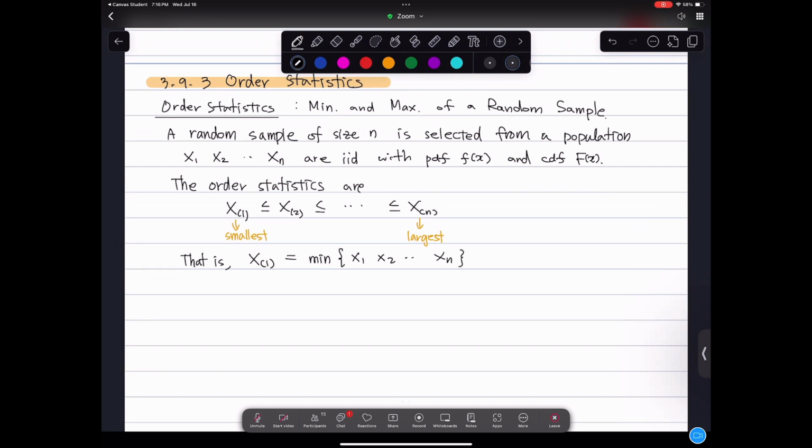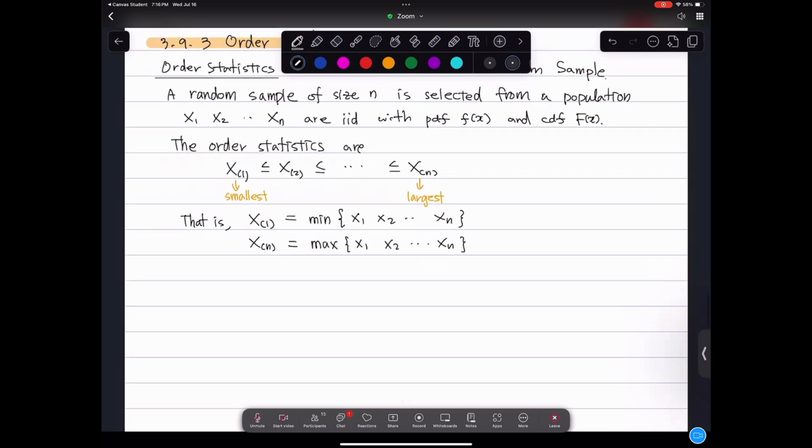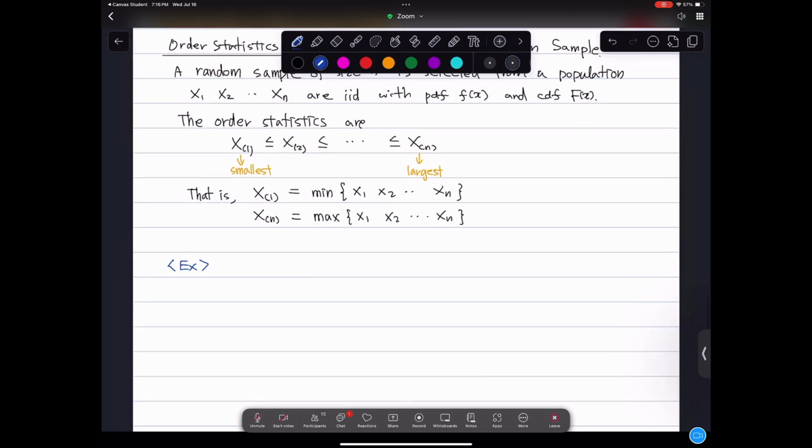And x of n is the maximum of these random variables. So it's a function of these n random variables. It may not be clear what I mean by this, so let me make a case. For example, let's pick 3 numbers, x1, x2, and x3, and they're all independent.